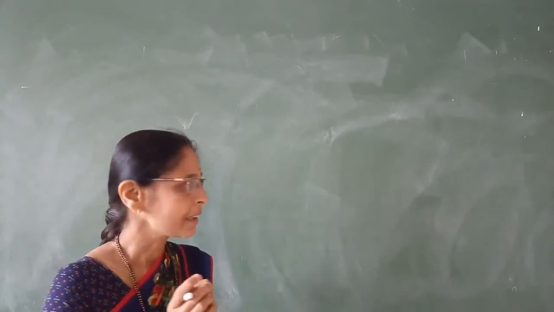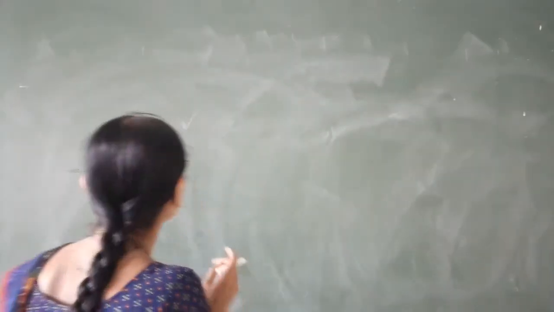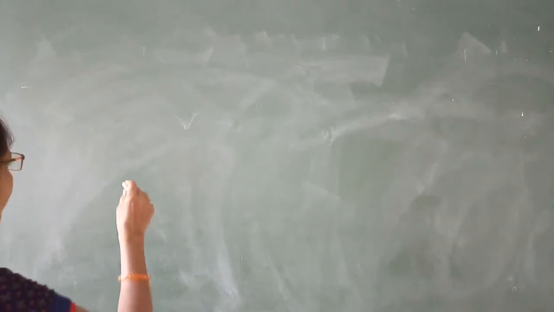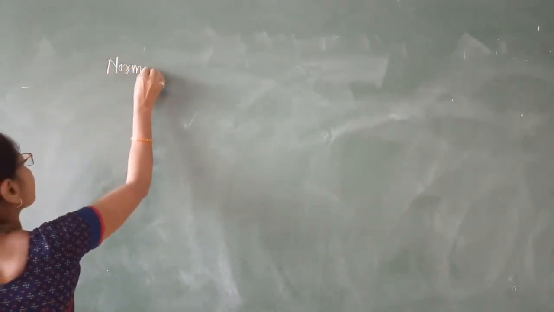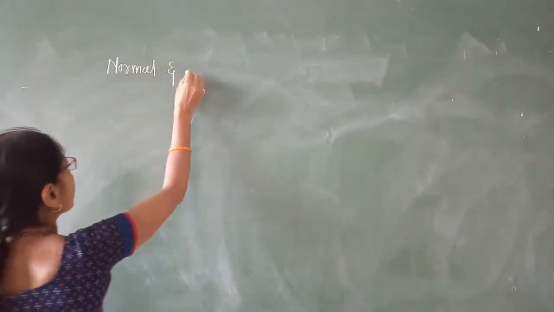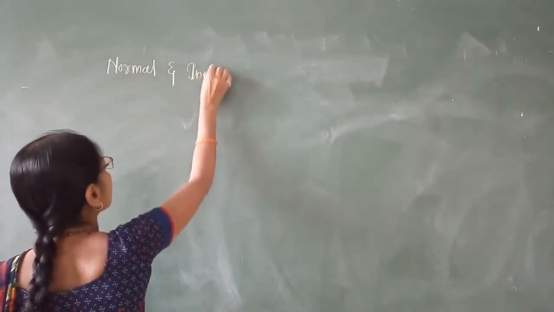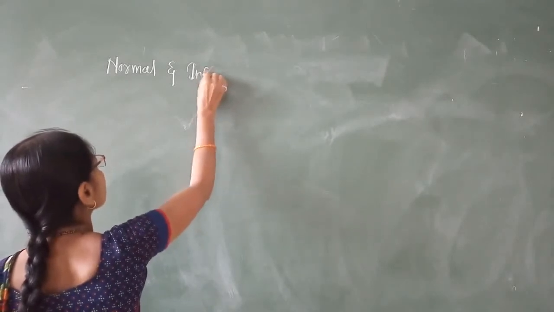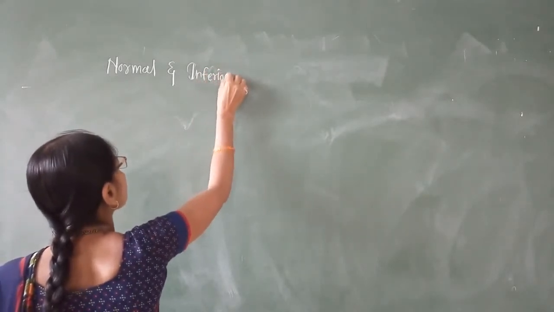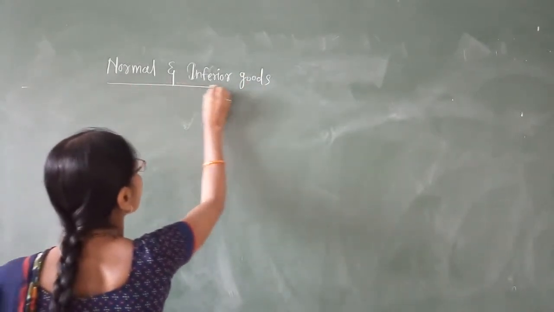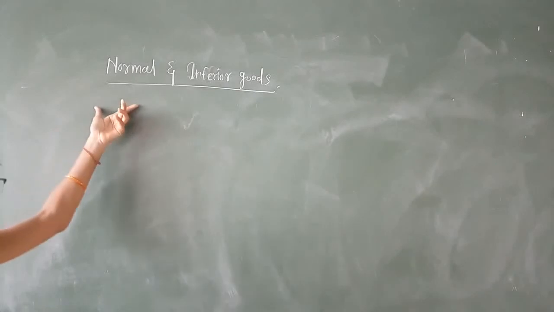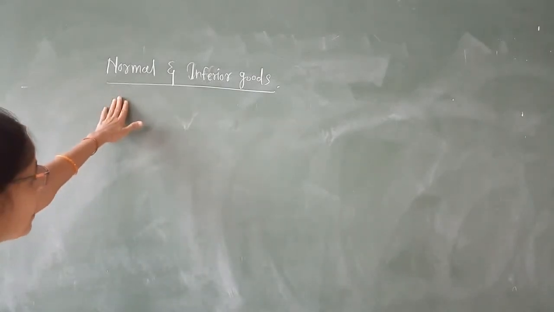So first, let us look at normal and inferior goods. See students, first of all we will look at normal goods.